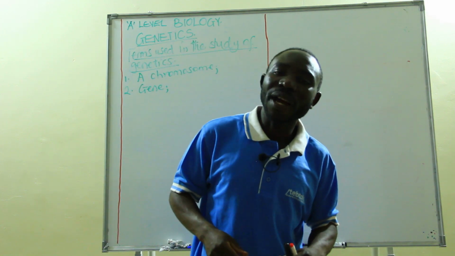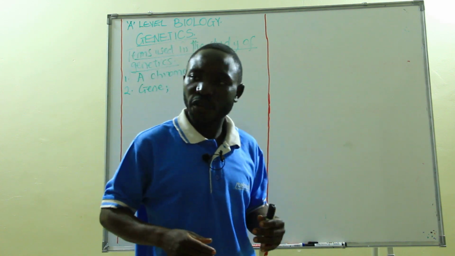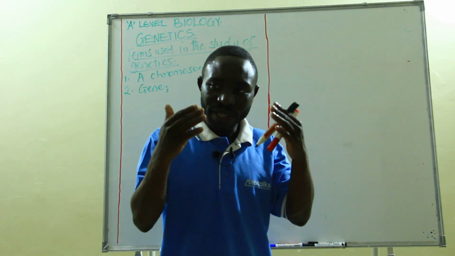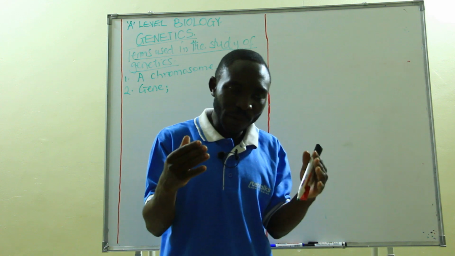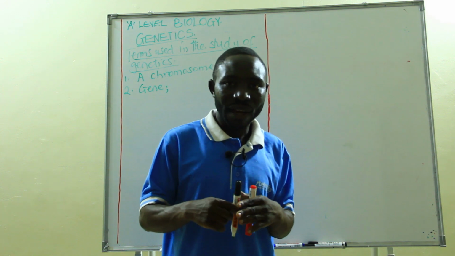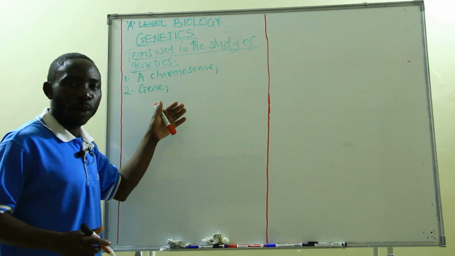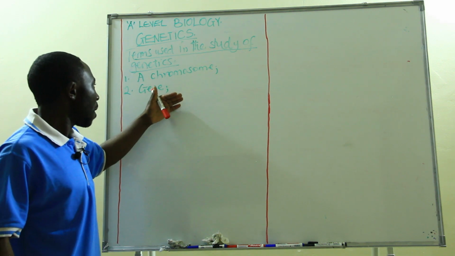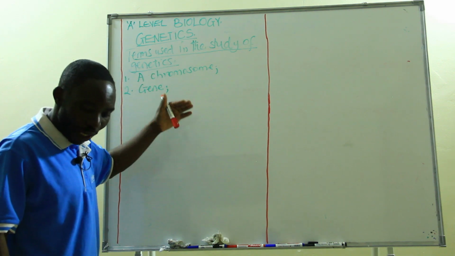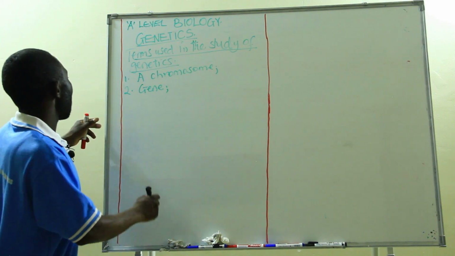So when we shall be looking at chemicals of life, we shall look at the genome. The genome is the genetic matter, and so it redirects to genes. So a gene is a portion or section of DNA which determines a particular characteristic.